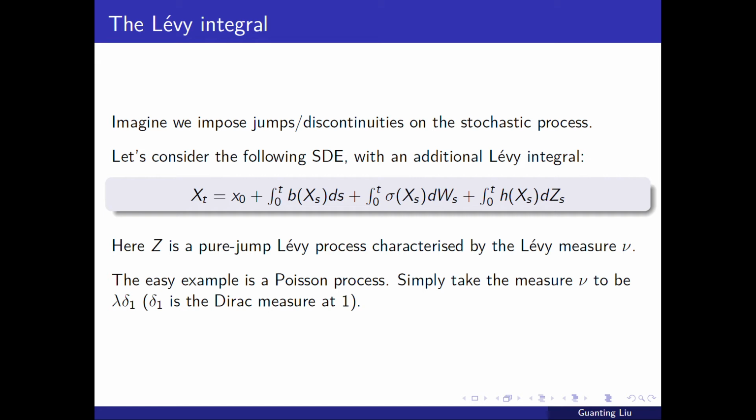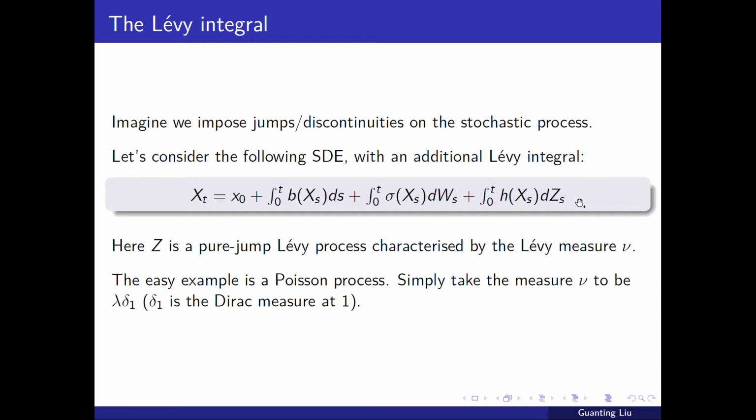The easiest example for this jump is a Poisson process, which we can get by taking the Levy measure nu to be a Dirac measure at 1 multiplied by the intensity lambda. That gives us a Poisson jump with intensity lambda.